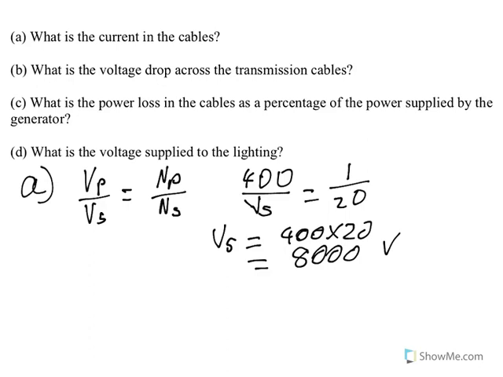All right, now we're asked about the current in the cables. If we treat this as an ideal transformer, then our power in the primary and our power in the secondary would be the same.